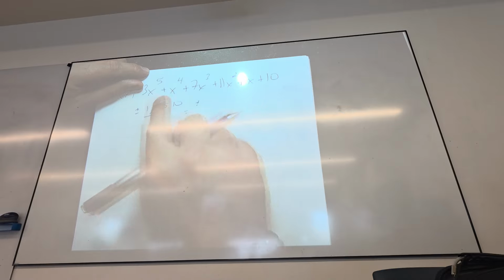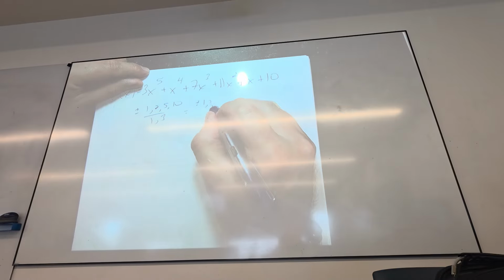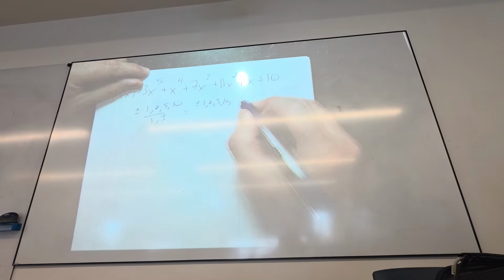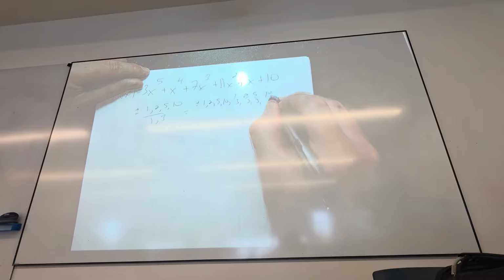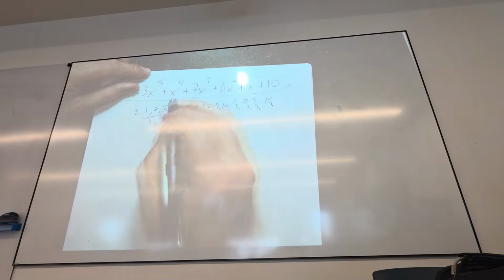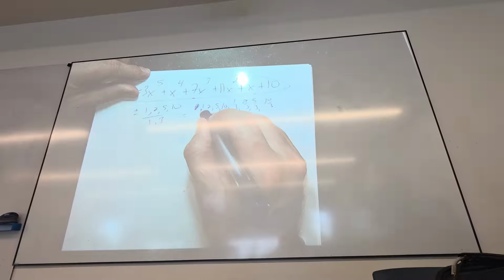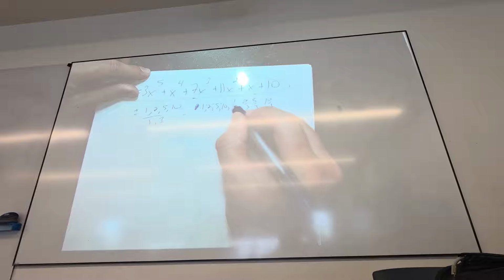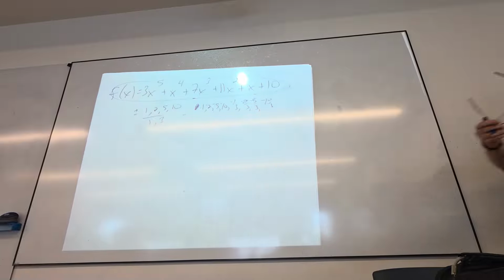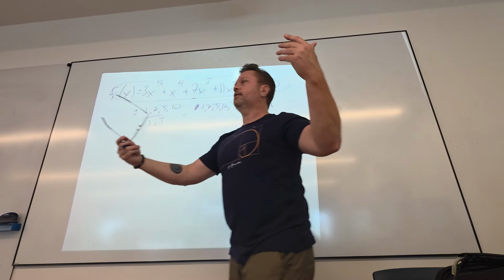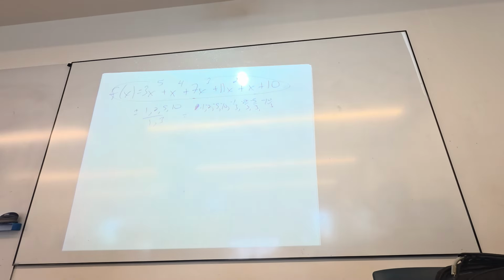All the factors of 10, all the factors of 3: 1, 2, 5, 10, 1/3, 2/3, 5/3, 10/3. What we just discovered is I can cut this down to just the negative options, yes? We just figured out that no positive numbers could make the output 0. I cut my list in half.